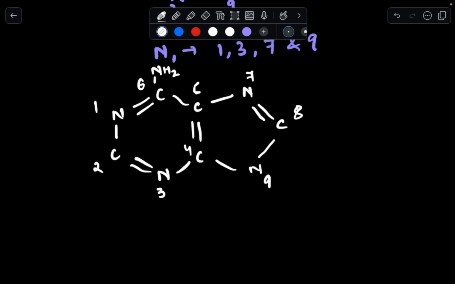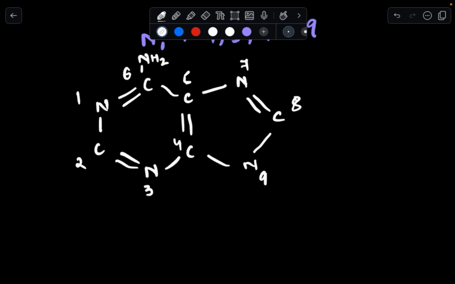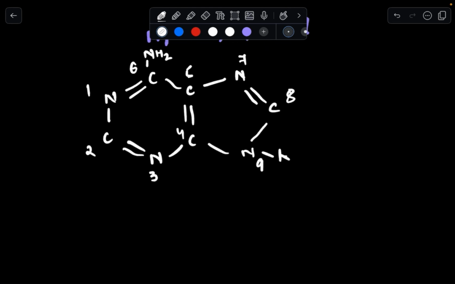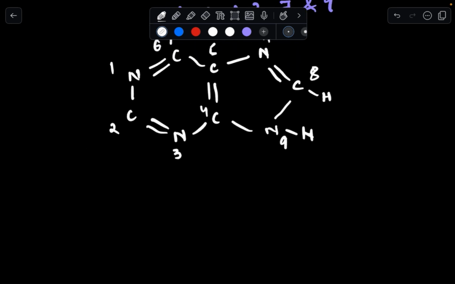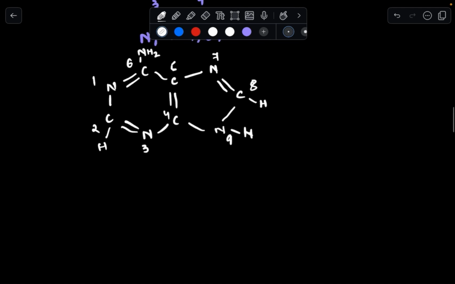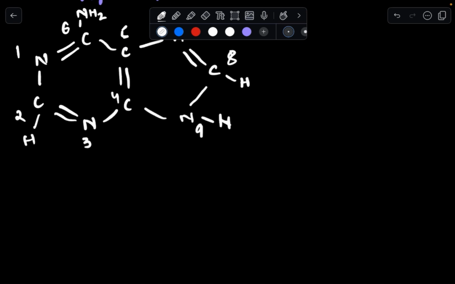It has NH2 at the 6th position, and then just complete the structure with the remaining hydrogens, completing the valency of carbon and nitrogen.